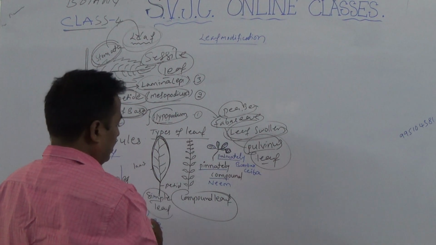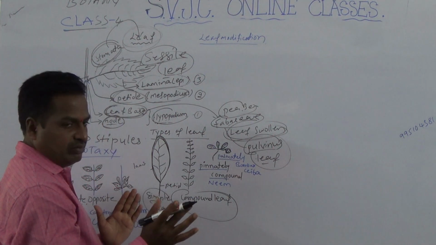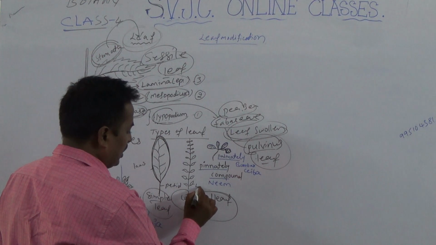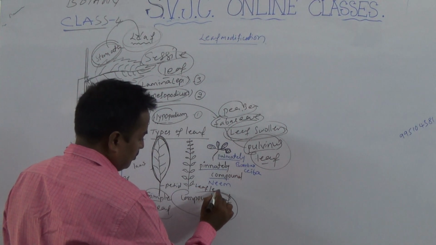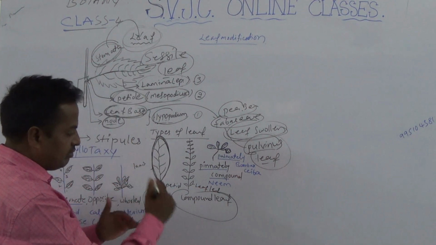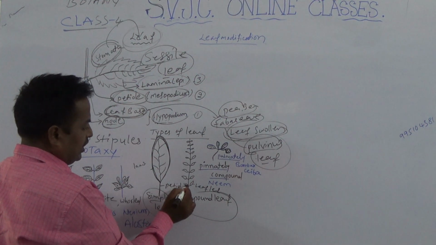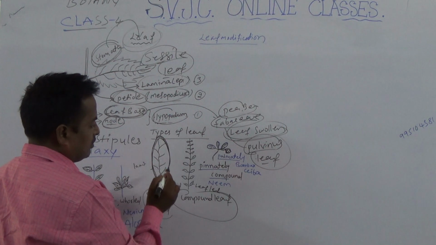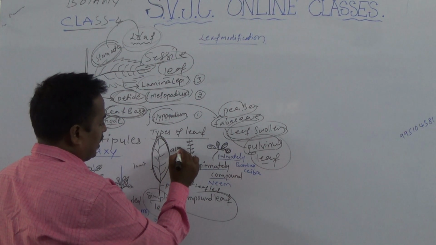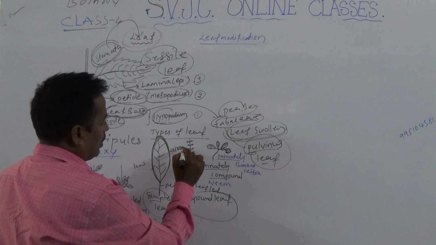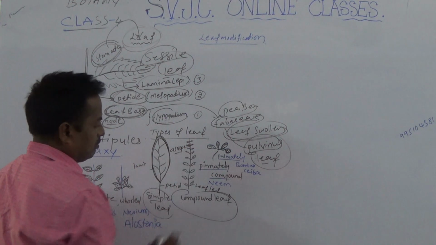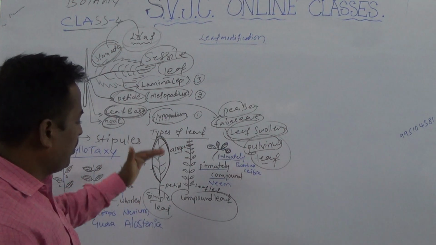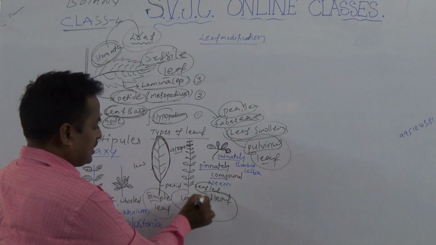A compound leaf is where the lamina is divided into leaflets. Now this is not a leaf, it is a leaflet. The lamina is dissected into units, 1 2 3 4 5 6 7 8 9, arranged in an acropetal manner. The lamina is divided into leaflets.